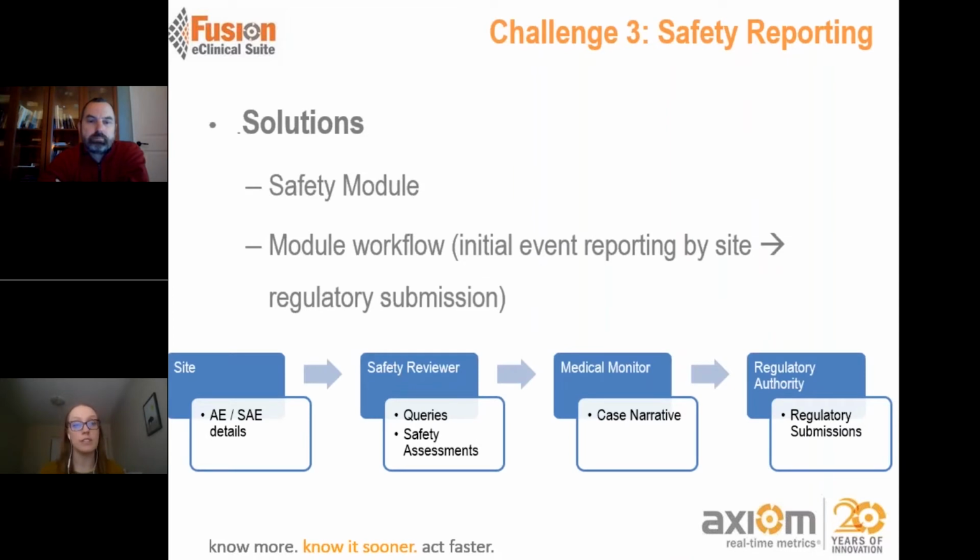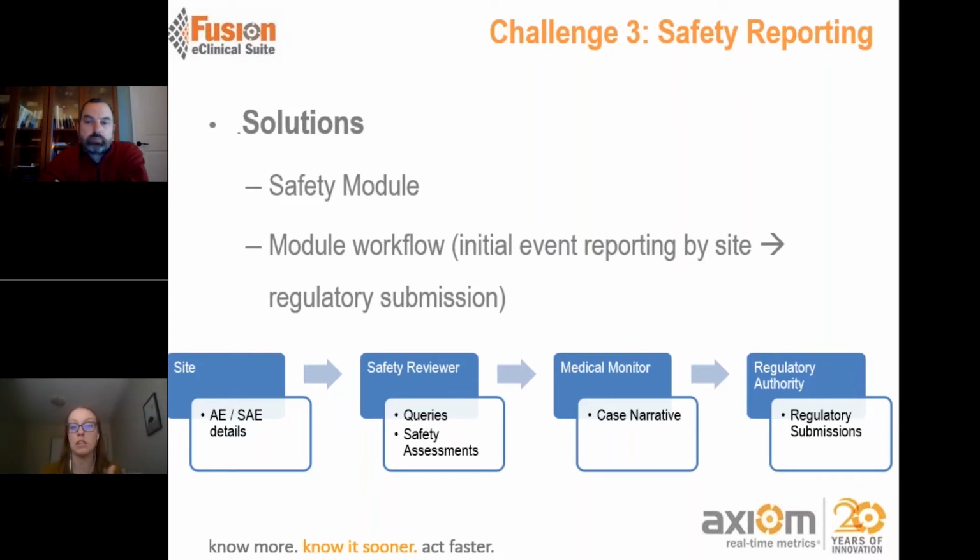On the technology side, we do have our safety module. And of course, when you're looking at safety modules, some key areas that you want to consider are, does it have any integration or ability to capture the events themselves? When we're talking about the Axiom safety module, that's everything from the AE, SAE details that are provided by the site, all the way to the regulatory submission.